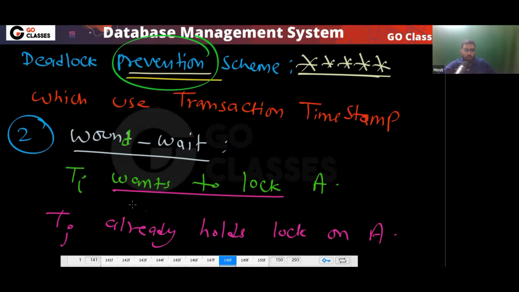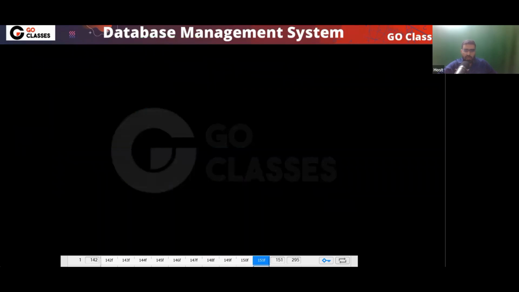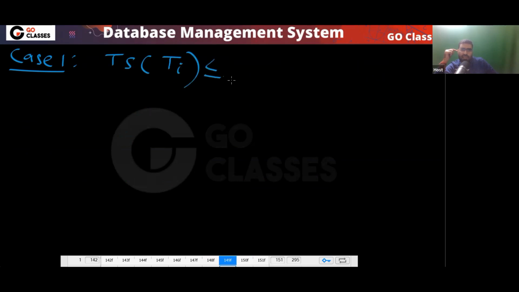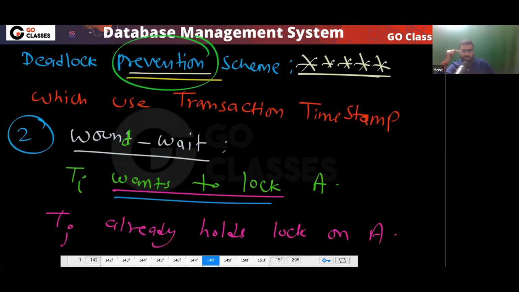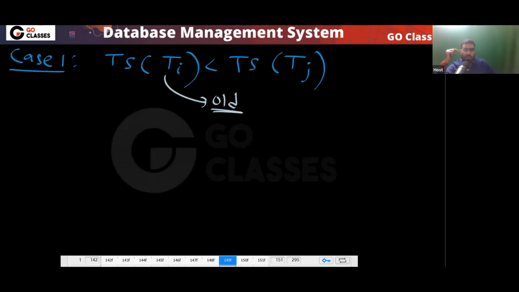Now you tell me what will happen. Case one: TI is the older, I mean the timestamp of TI is less than the timestamp of TJ. Basically TI is older. So the older person wants and the younger person holds.